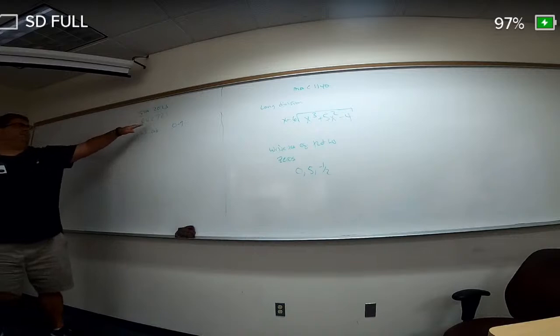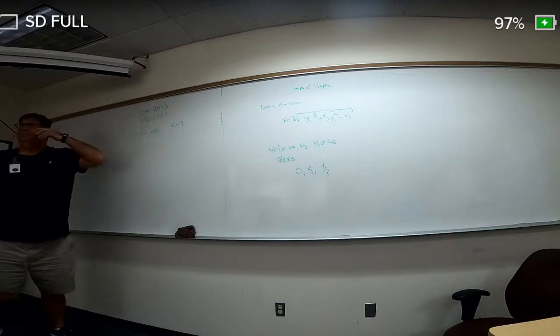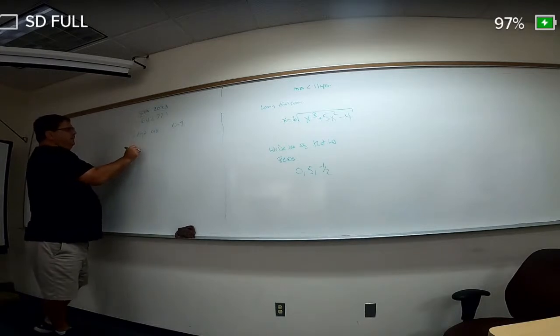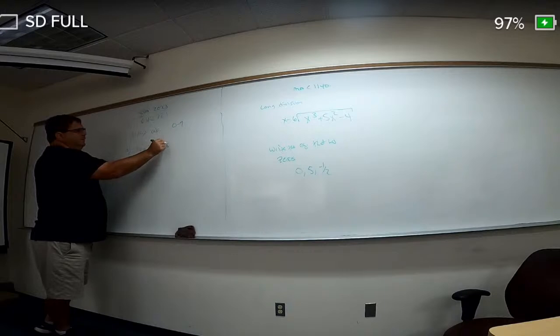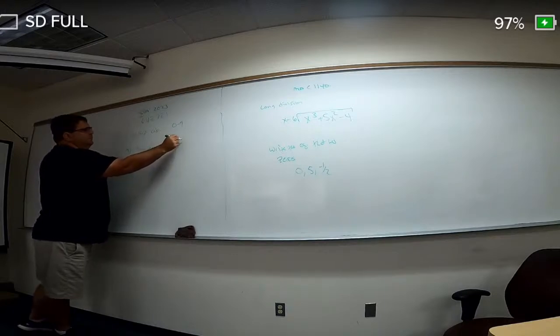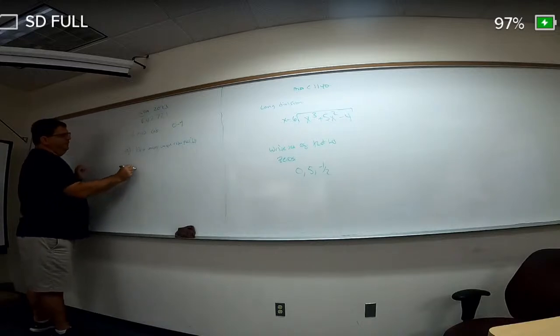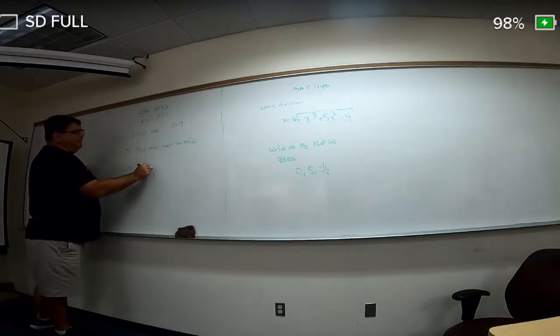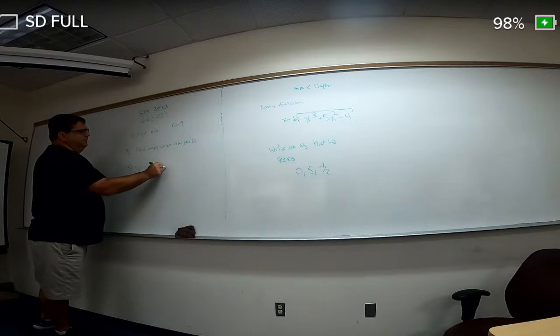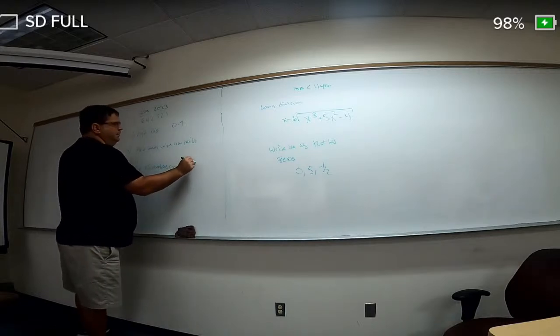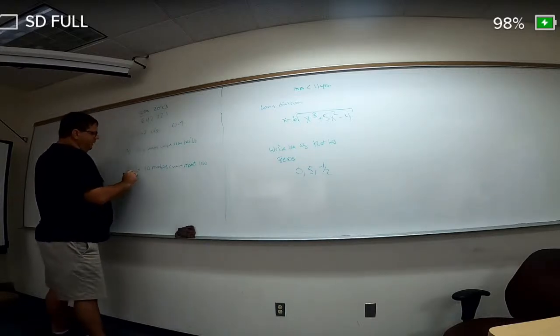So clearly the numbers can repeat because they did. So A, how many unique codes are possible? And B, if the numbers cannot repeat, how many codes are possible?